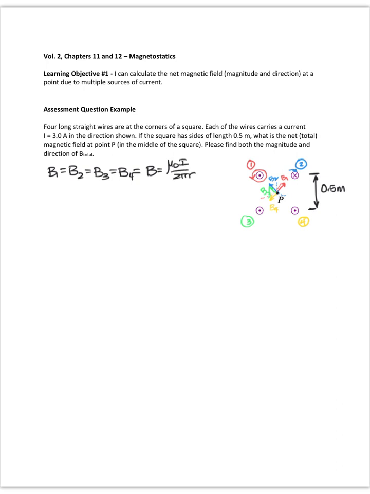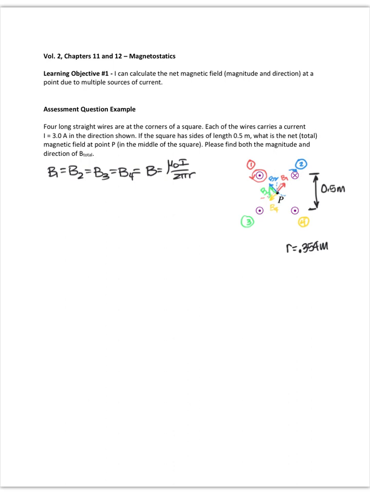So the magnitude of all these fields is the same. I'm going to call it B, and it's equal to mu naught times the current over 2 pi r. If I do the calculation for r, I get 0.354 meters. That's pretty easy. You can use the Pythagorean theorem to find the length of the diagonal of the square and then take half of that.